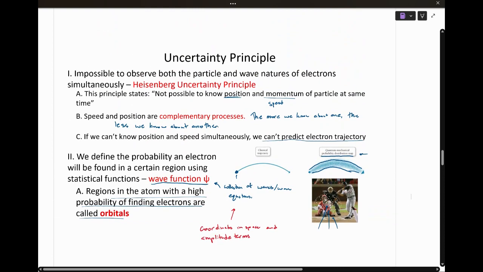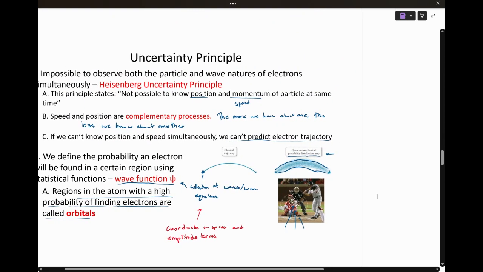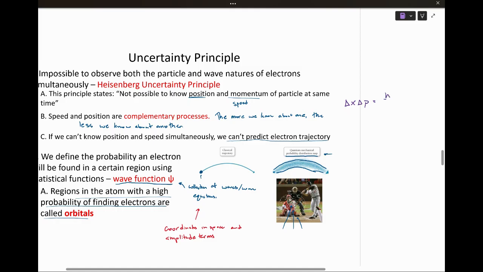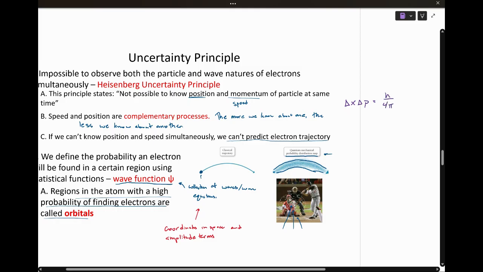And with this uncertainty principle, if you look this up, you would see that the product of your uncertainty in position, x, and your uncertainty in momentum, p, is equal to, I believe it's h over 4 pi. So this has to be greater than or equal to this right here.